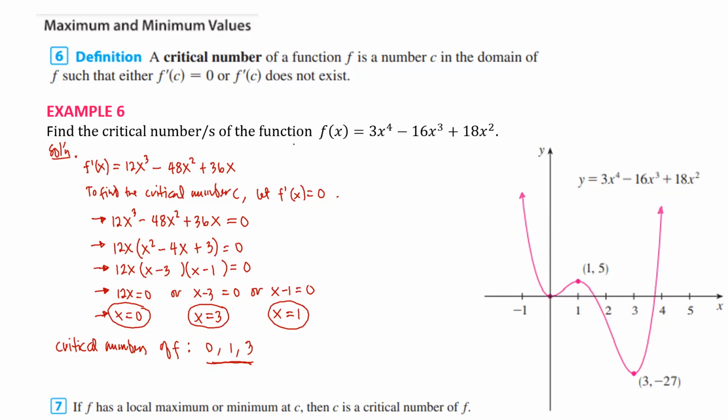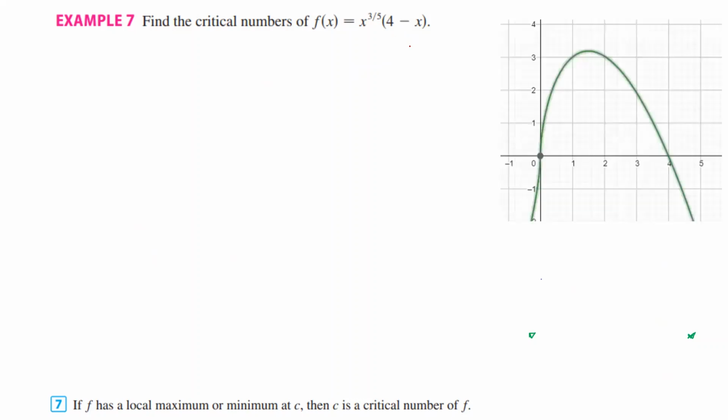I think that will be illustrated here in the next example, where the function given here is f of x equals x raised to 3/5 times (4 minus x). If you look at the graph corresponding to this one, look at this.